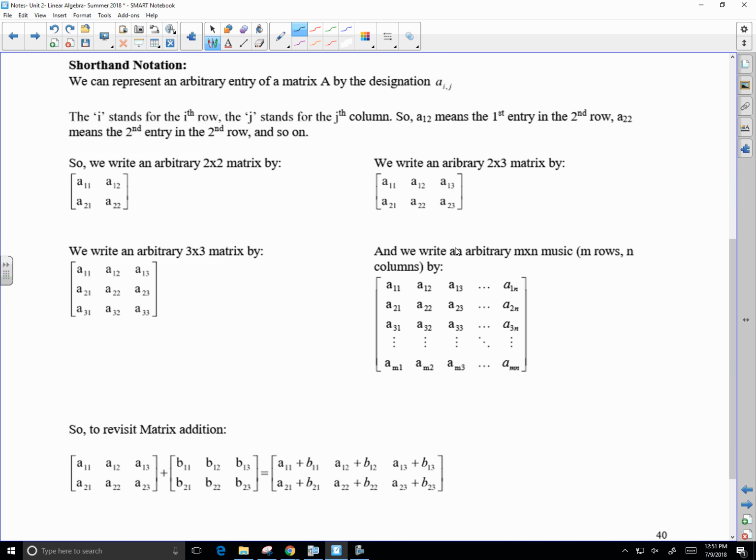All right. The actual notation for a matrix, we're going to start moving towards that, just because we'll need it for something called cofactor expansion and finding determinants and things like that. So when we write something like a sub 1, 1, it's not a sub 11, it's a sub 1, 1. So first row, first column.